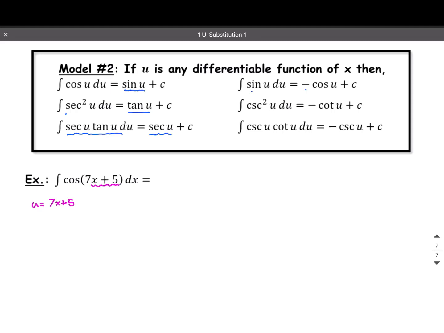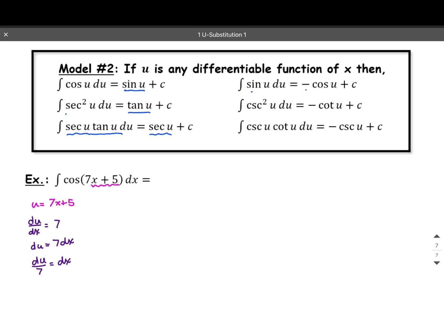So now we know what u is. Now we're going to take the derivative, du dx, and the derivative of 7x plus 5 is 7. So if we multiply both sides by dx, and then we divide by 7, we now know that dx is du over 7.